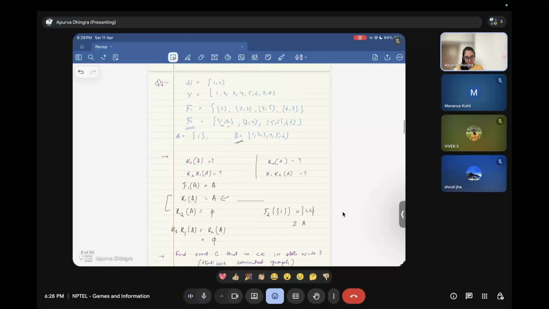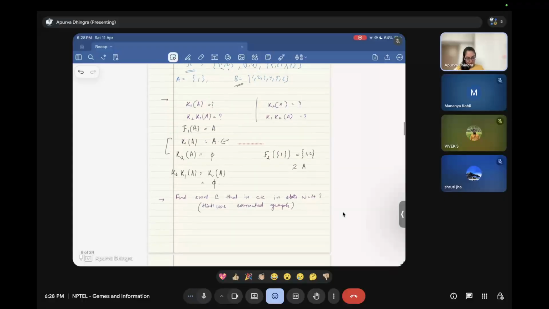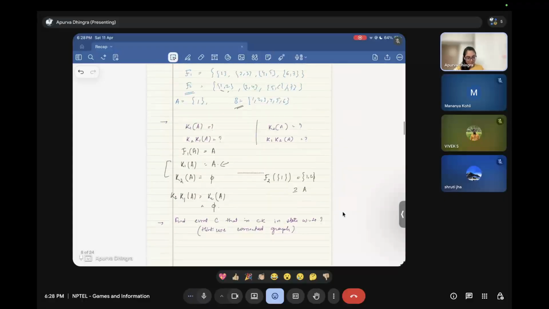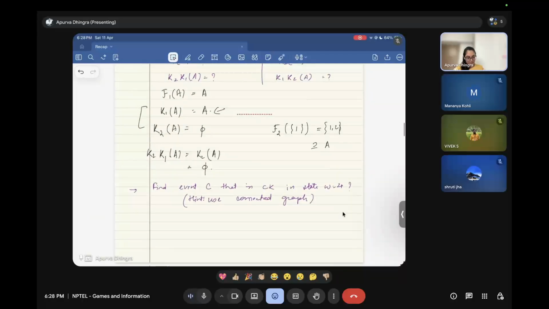Okay, I guess not. Then other kind of questions that you could see could be, suppose we are given all of these details and we are asked, say the state of the world is omega equal to 4, then can you find an event that will be common knowledge to all of them?